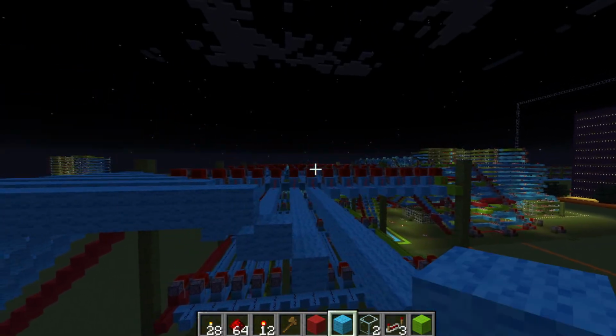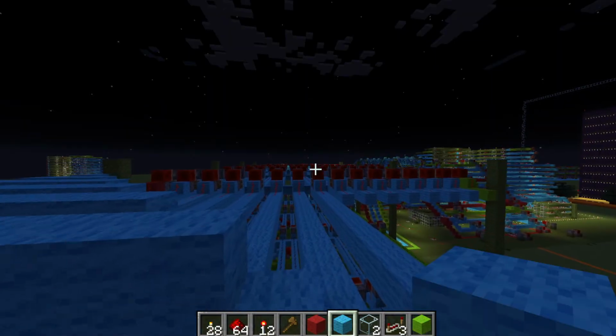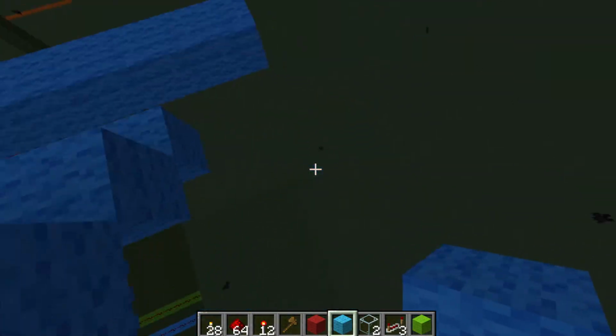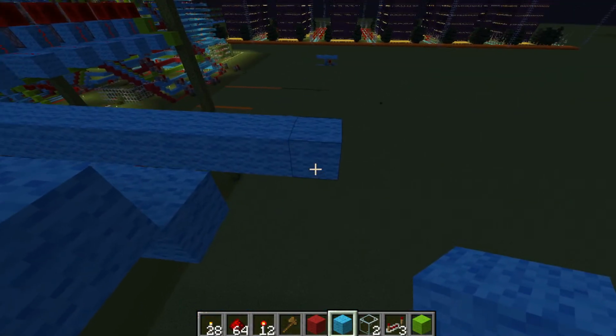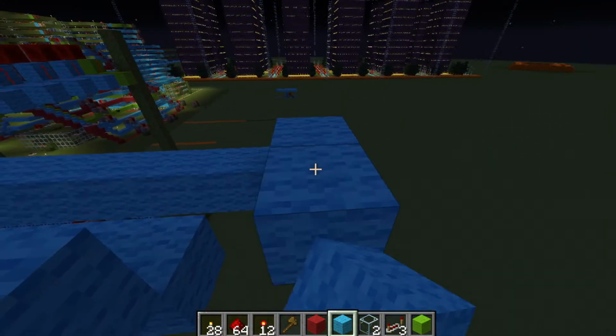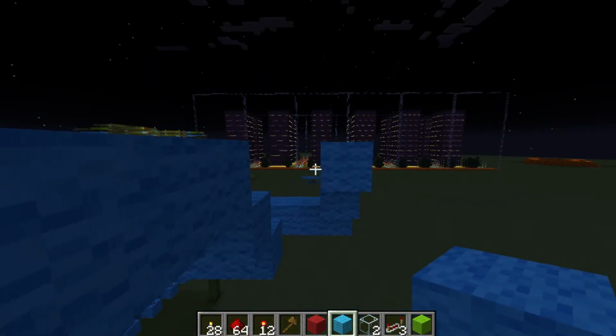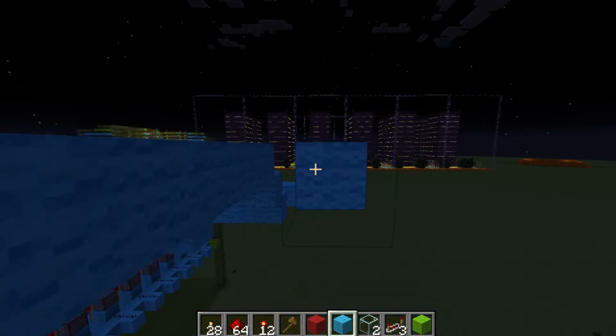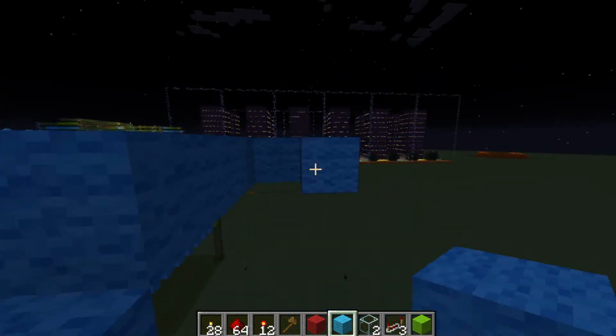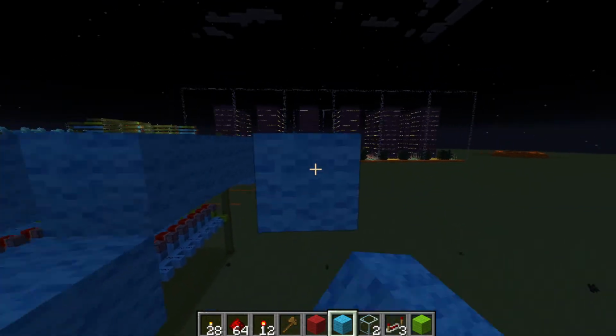I could be spending hours figuring out how long it will take for a signal to propagate from here to there, given the number of repeaters in the system. But I'm lazy, so I'm not. I'm just building it, seeing what it does.